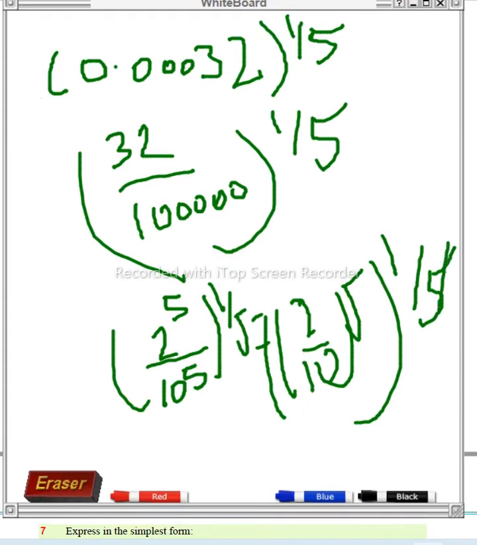We cancel 5 by 5. We have 2 over 10. So our final answer is 2 over 10, or 0.2.